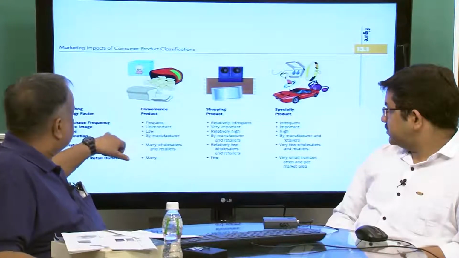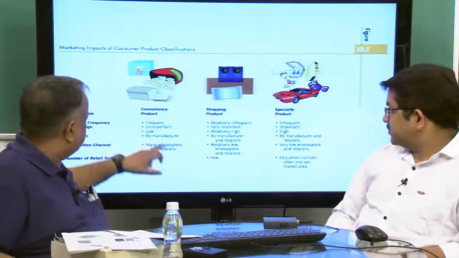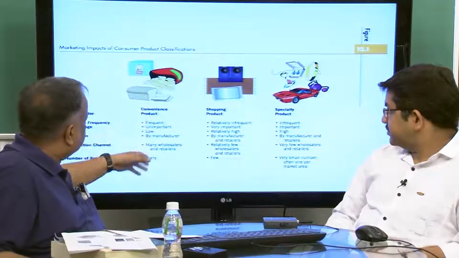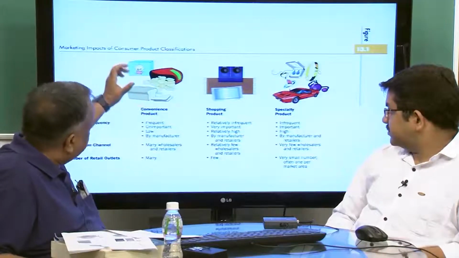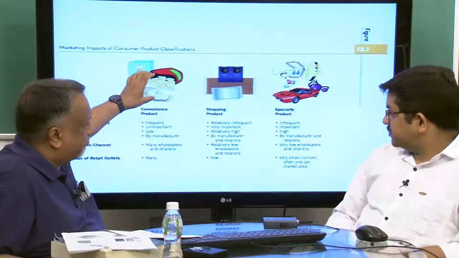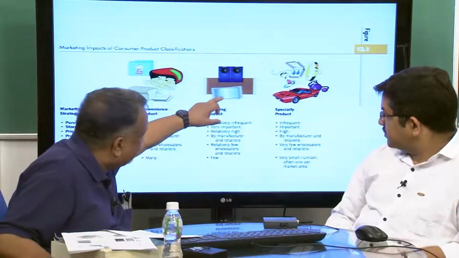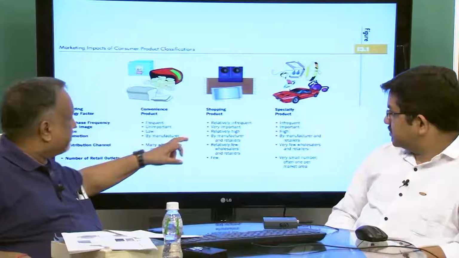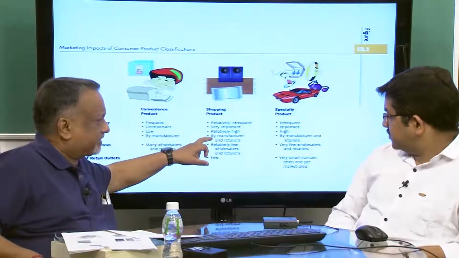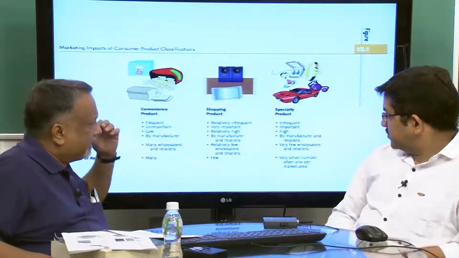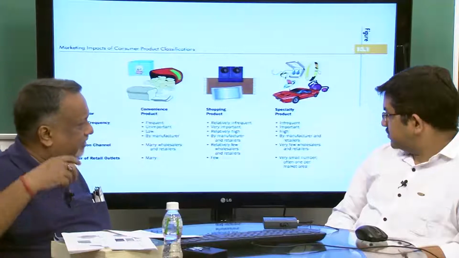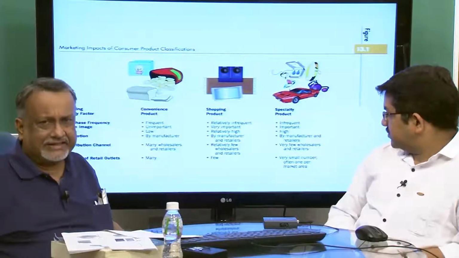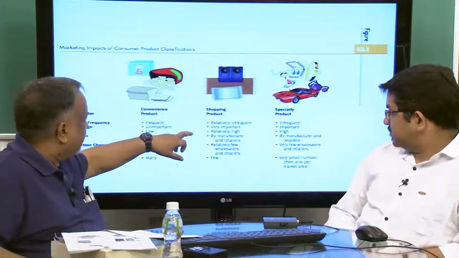So, here store image becomes very important. You see the difference here: for convenience products the store image is not that important, the product image is very important. Here the product image is important as well as the store image, because the buying decision often takes place at the store and the expertise of the frontline people, the sales assistants, becomes very crucial.